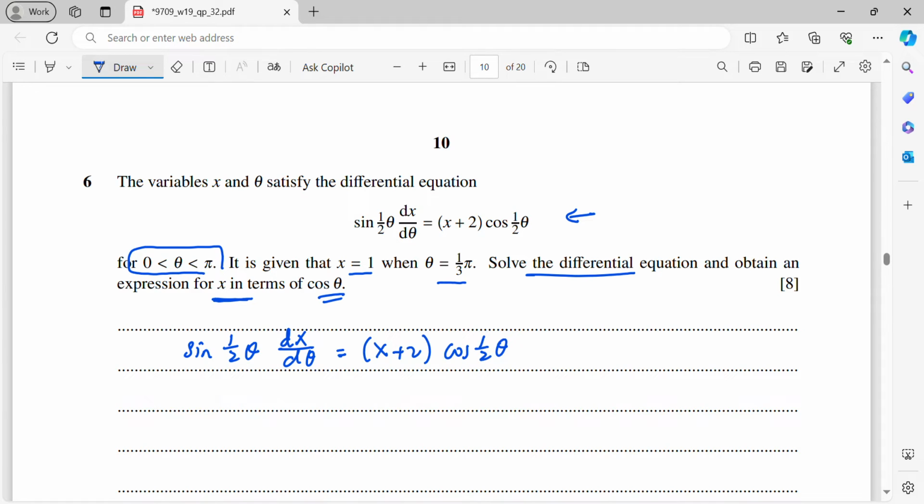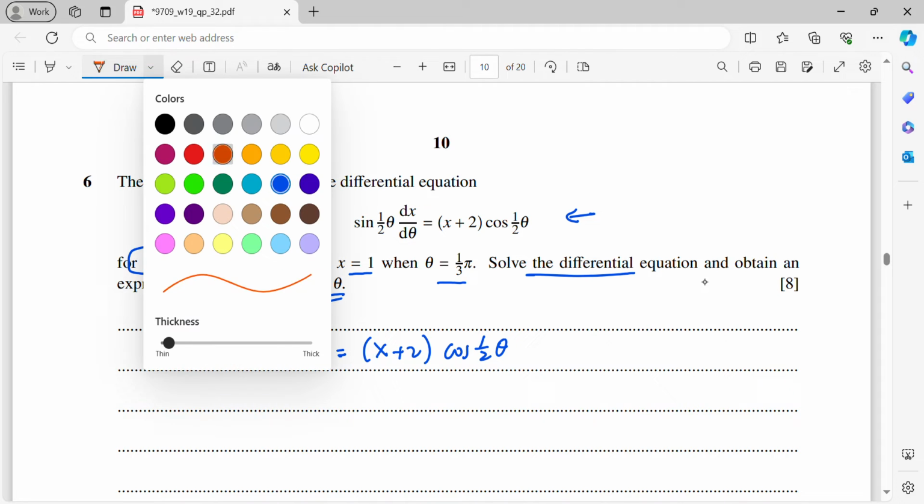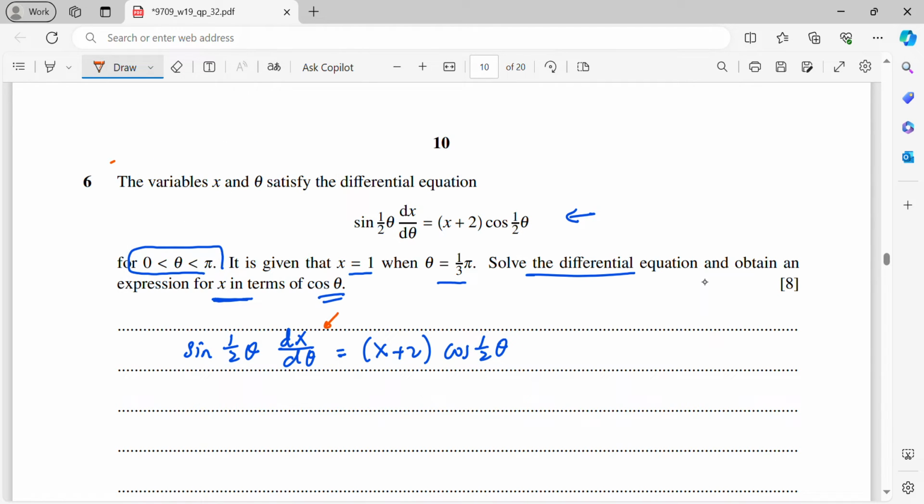So now to solve the differential equation, we need to separate the variables. Now when you look at this dx d theta, the dx is the numerator. That means all the x should be on the left side. So this x plus 2, I will move to the left side, and all the theta will be moved to the other side.